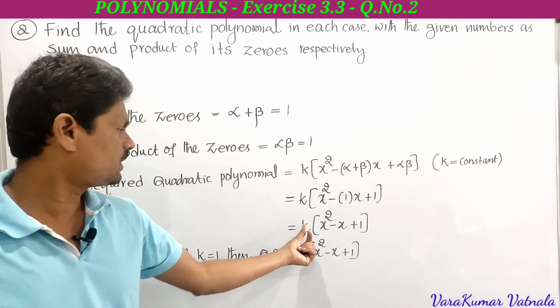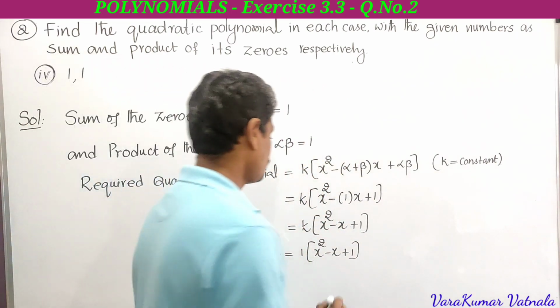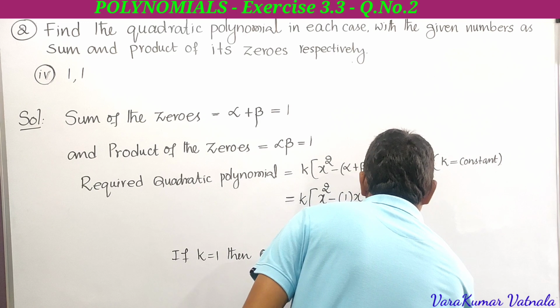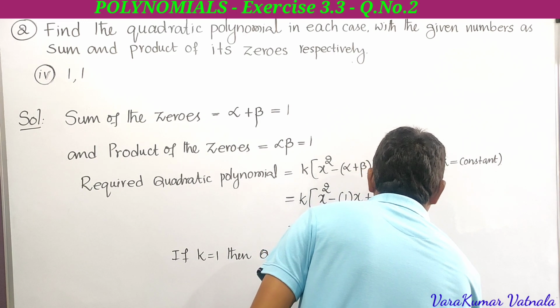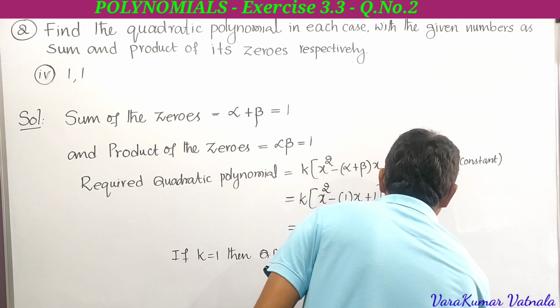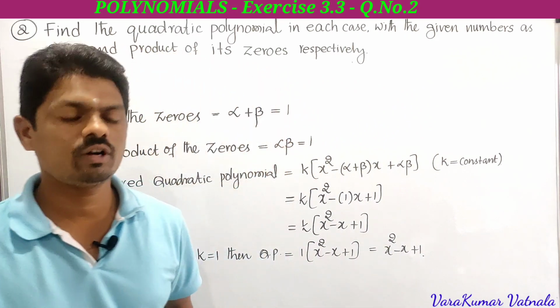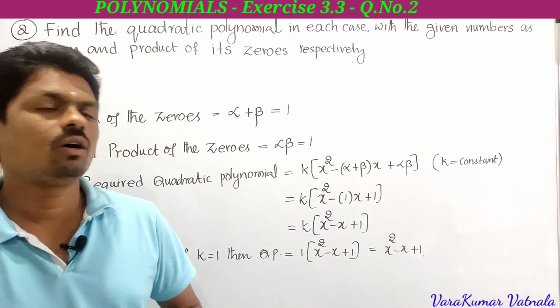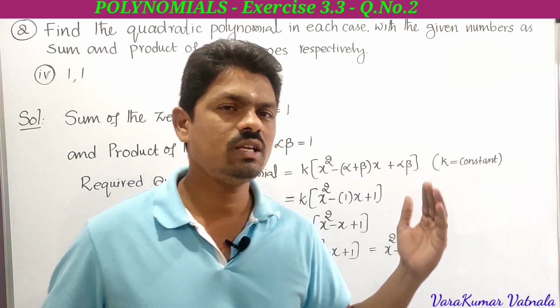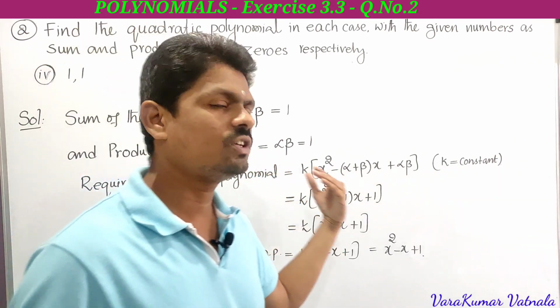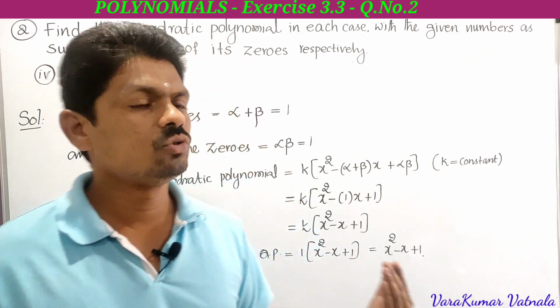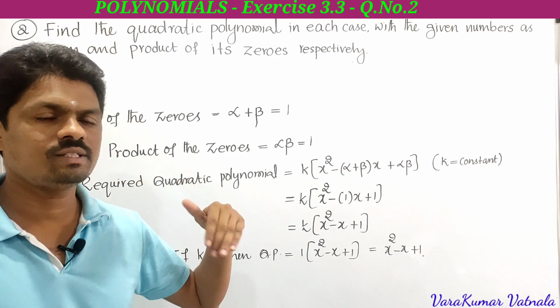So I have substituted k is equal to 1 here. So we get x square minus x plus 1. So this is the required quadratic polynomial whose sum of the zeros is 1 and the product of the zeros is also 1. So this is the fourth bit in the second problem.